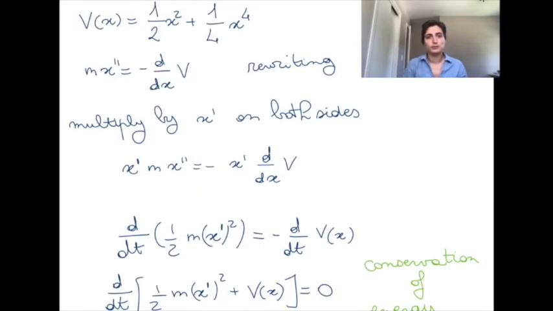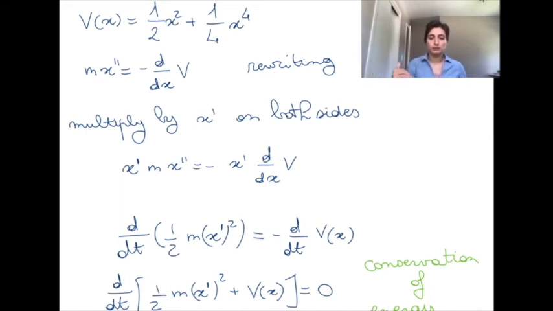We can be a bit more precise, and we can also rewrite our problem by multiplying each side by x prime, noticing that on the left-hand side we have the derivative of half the mass times x prime multiplied by itself, and on the right-hand side we have the full derivative with respect to time of the potential written as a function of x.